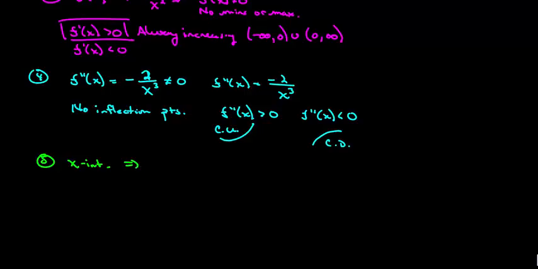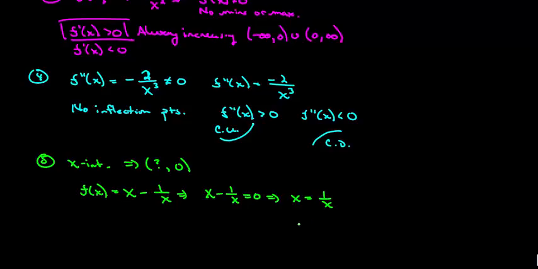X-intercepts are when the y value is 0. So we take our original function, which was equal to x minus 1 over x, and we ask it, when is this guy equal to 0? Okay, so when is x minus 1 over x equal to 0? Well, that is when x is equal to 1 over x.